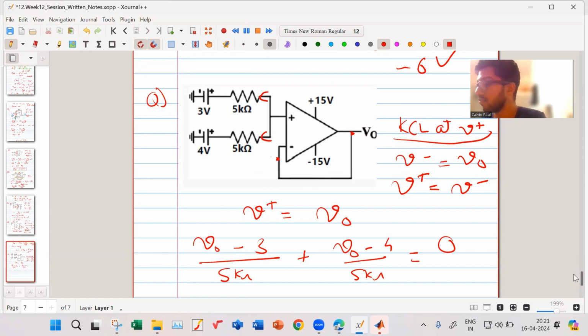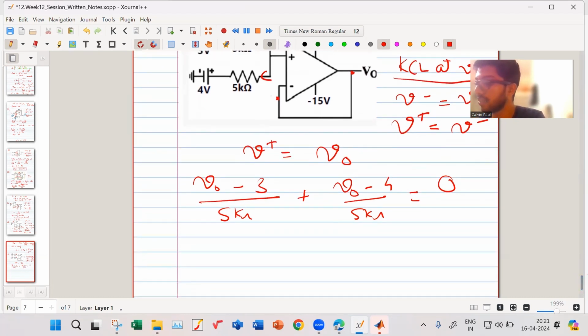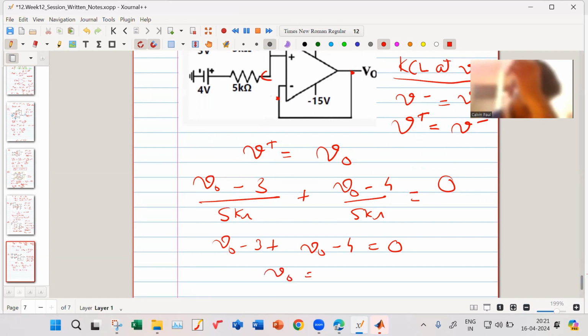Then I get V output minus 3 plus V output minus 4 is equal to 0. So what will be my V output? 3.5. So my V output comes out to be 3.5 volt. So the sum is solved.